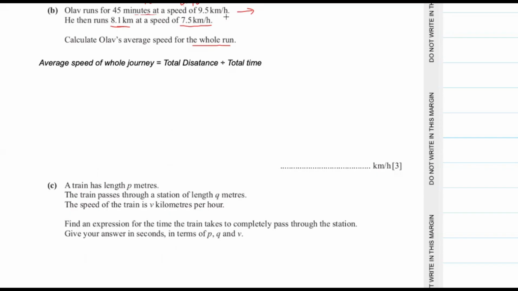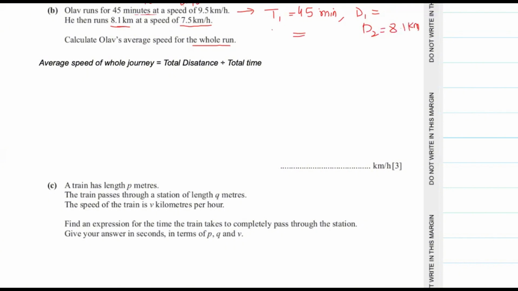Here are two parts of the journey. First part, the time, T1, is 45 minutes and the distance is not given. In the second part of the journey, the distance, we name it D2, is 8.1 kilometer, but the time is not given here.